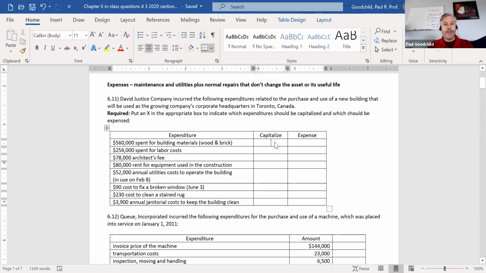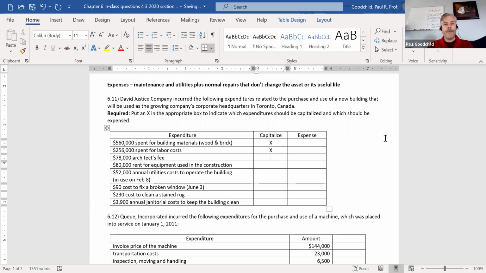Pretty material, so a big deal, going to change the life of the building. $256,000 spent for labor costs, part of improving the building, a pretty material amount. Going to capitalize that.